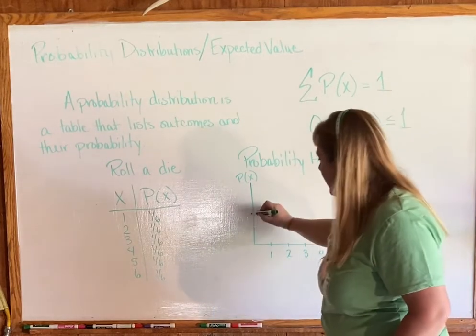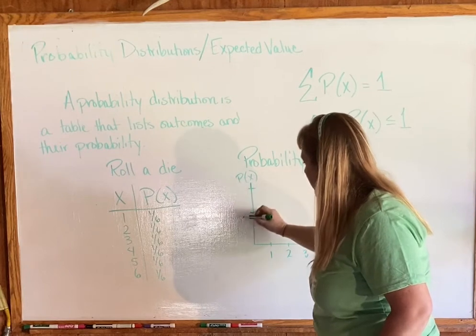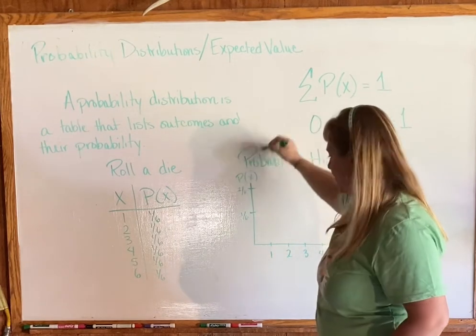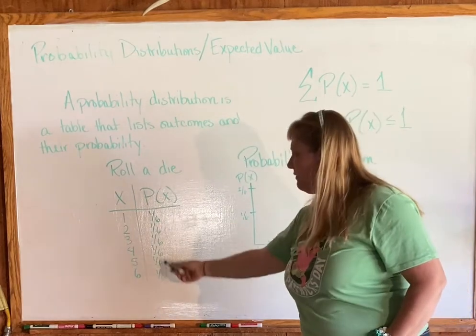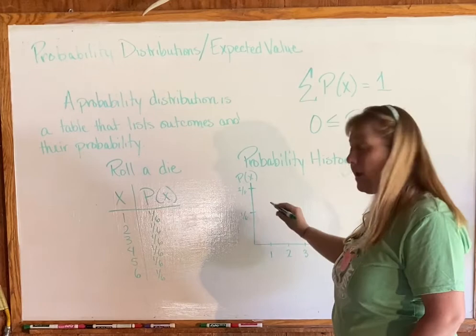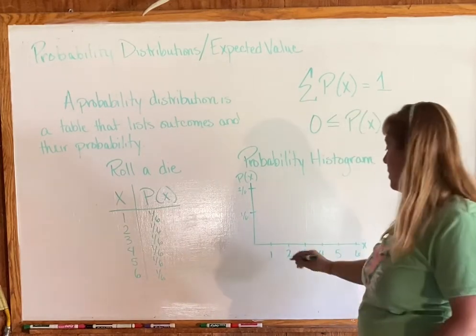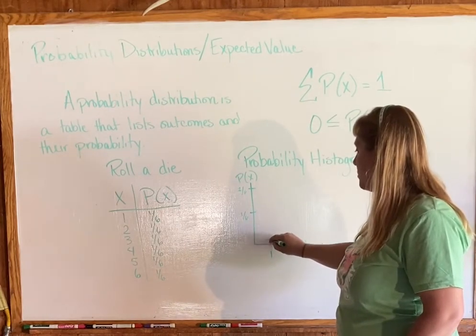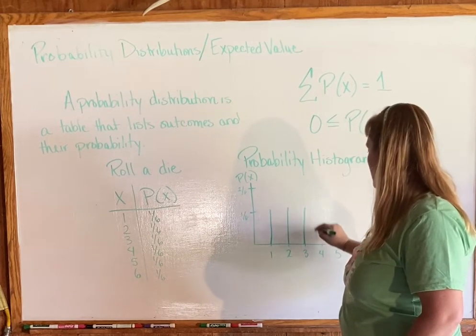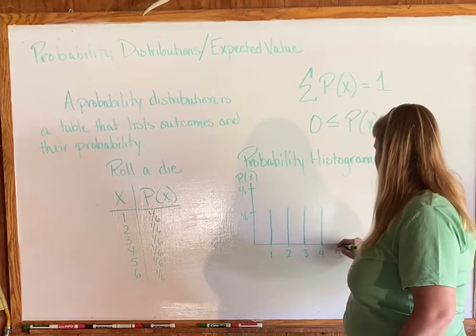Normally we would do a couple hash marks, like this would be 1/6, and this would be 2/6, and 3/6, and 4/6. But since all of ours have the same probability, this one's really boring. And instead of drawing bars like a normal histogram would, all we're going to do is draw lines. Each one of these has a probability of 1/6, so we're just going to draw a bunch of lines.